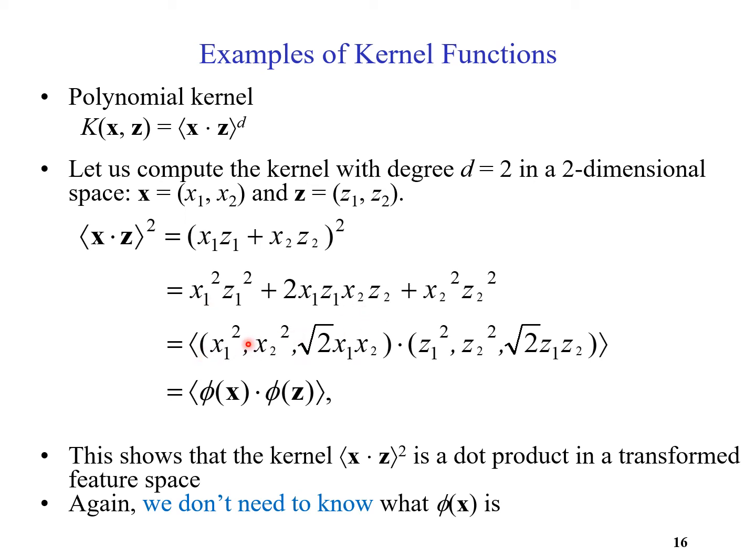So it automatically increases the dimension to three-dimension, and these are the configurations of the three-dimension. That's what this polynomial kernel does. As I said, we don't need to know the number of dimensions and configurations, etc. Everything is done by this kernel function automatically.